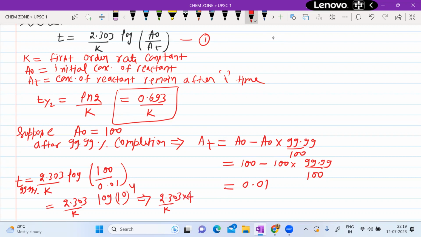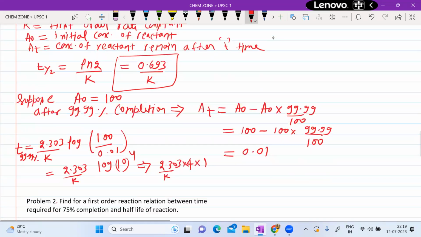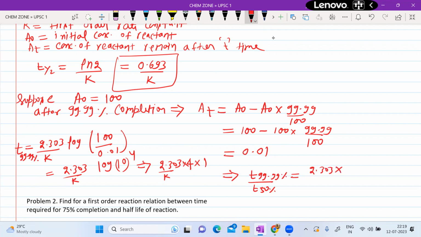In log, power can be taken outside and the value of log 10 will be... Now, take the ratio, as we know that calculator is allowed in the exam.